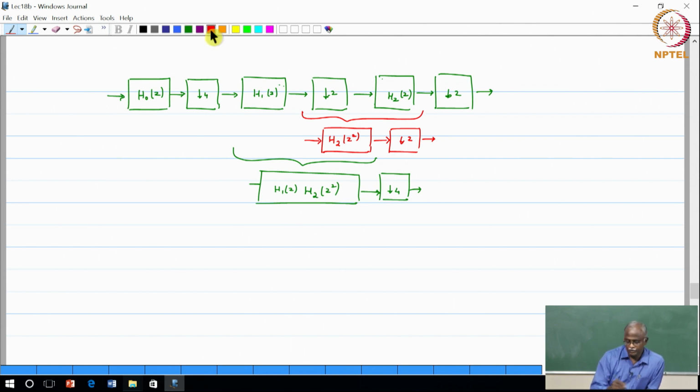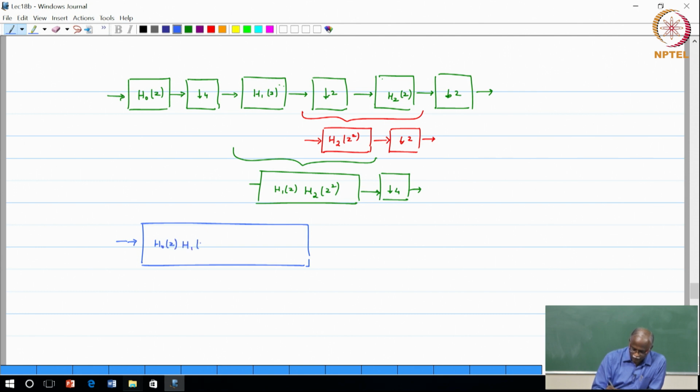Now, if I were to ask you to draw the equivalent of the entire thing, it is equivalent to a single filter, which is a cascade of these three filters. Moving the downsampling all the way to the right, this becomes H0 of z, H1 of z power 4 and H2 of z power 8, followed by downsampling by a factor of 16.